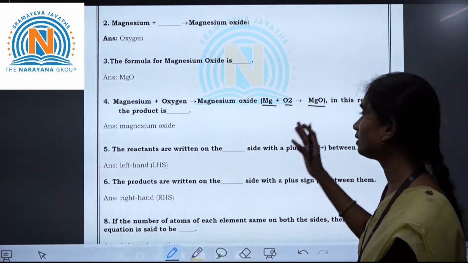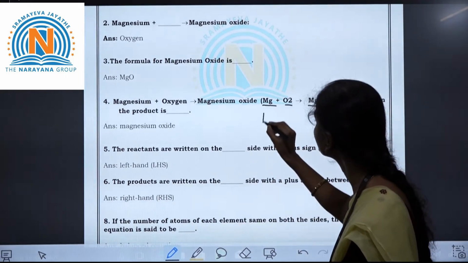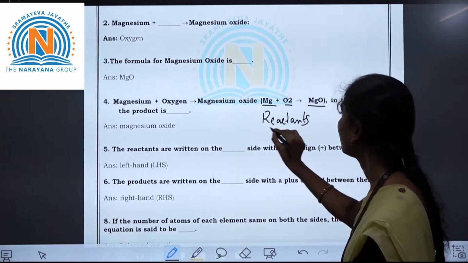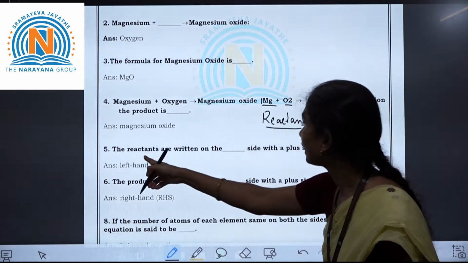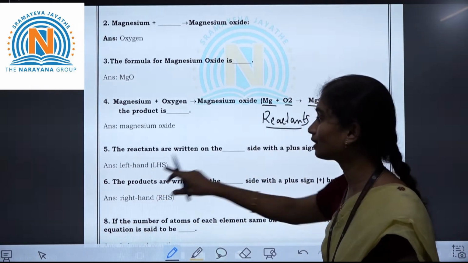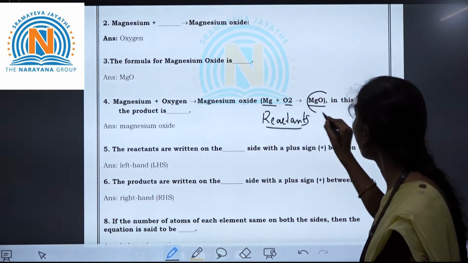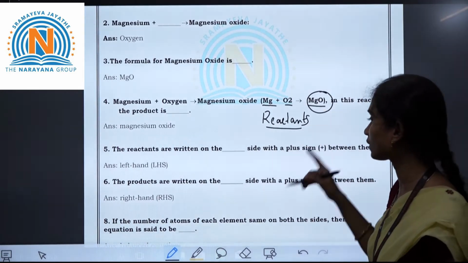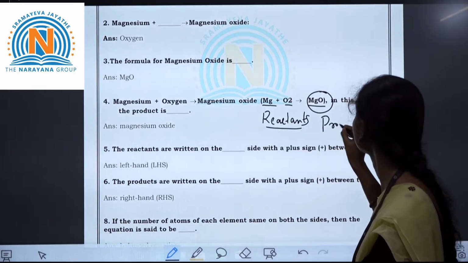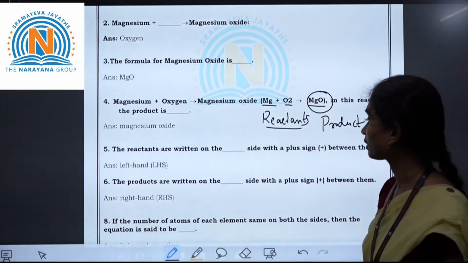The atoms of an element which are present on the left hand side, we are calling them reactants. So the reactants are written on the dash side with a plus sign between them. The answer is left hand side. Okay. Next, see here the formation of magnesium oxide, which is present on the right hand side, we can say product. So magnesium oxide is the product, right?